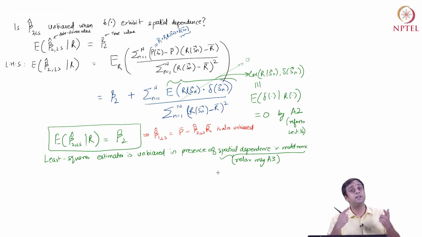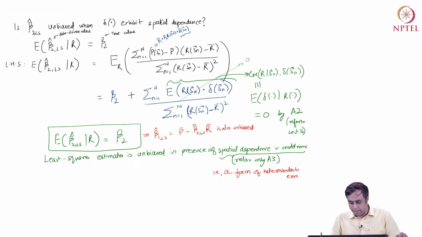We said that A3 ensures homoscedastic errors, right? So we are working with a form of heteroscedastic errors. Again, you should go back and read Wooldridge's book if you have not heard of this term before. Although I believe that having a more general variance covariance matrix, meaning non-homoscedastic, non-spherical errors, is a sufficient explanation. For details, please refer to Wooldridge's book.